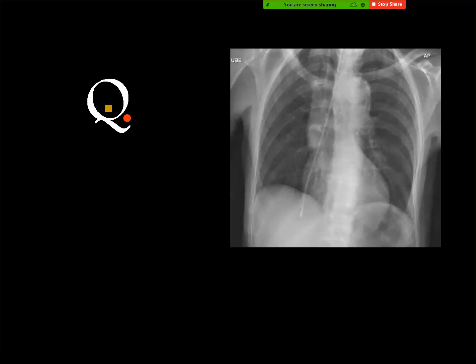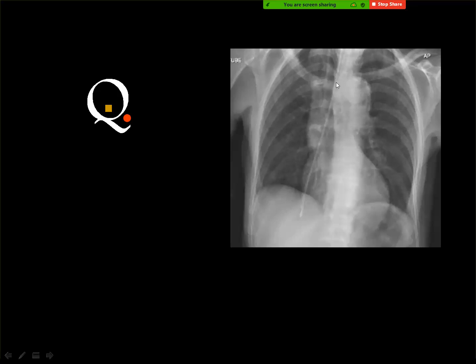There is a tube. What is this tube? NG tube. I think it passed through the trachea. ET tube in the lower main bronchus? Endotracheal tube, you think?